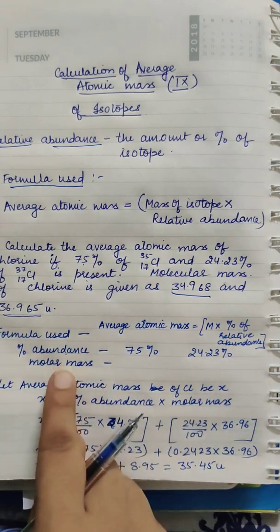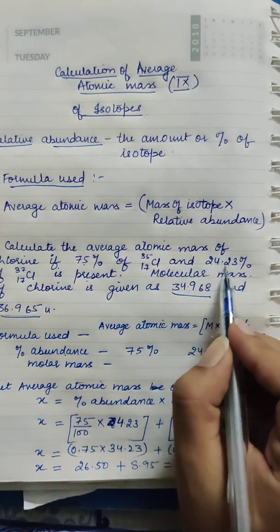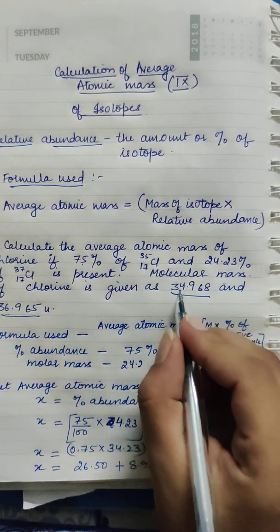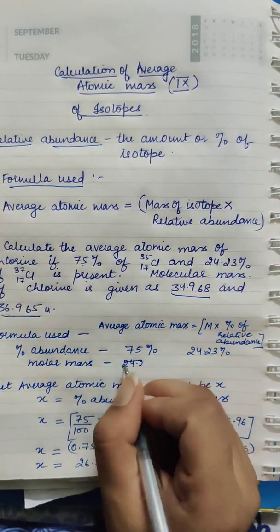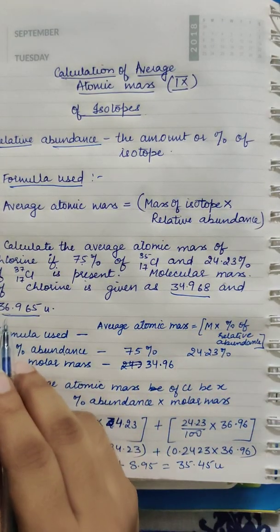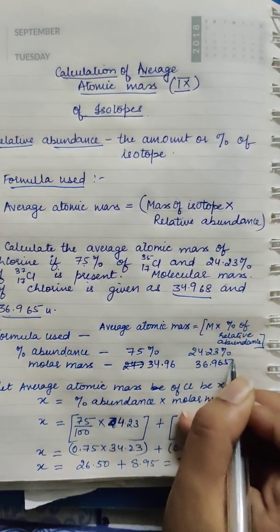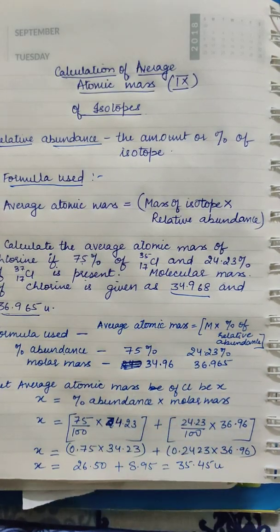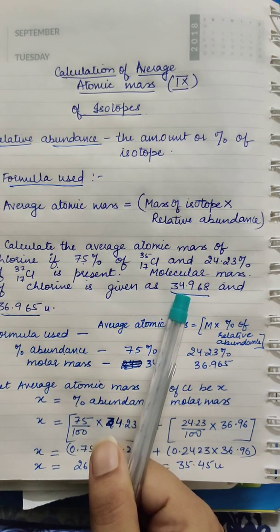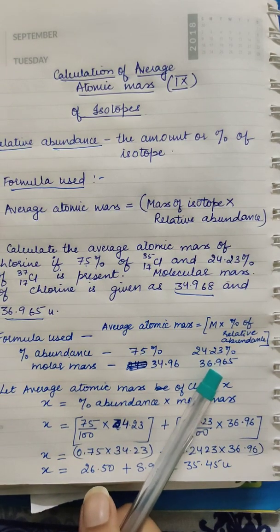The molecular mass, that is molar mass, is given to us for the first isotope as 34.96, and for the second isotope it is given as 36.965.